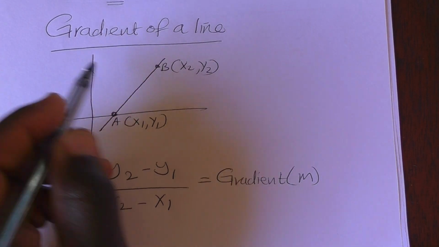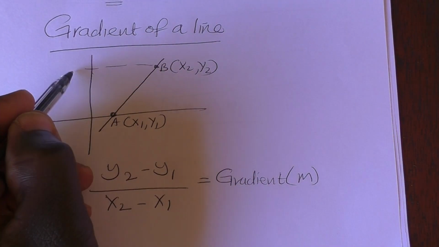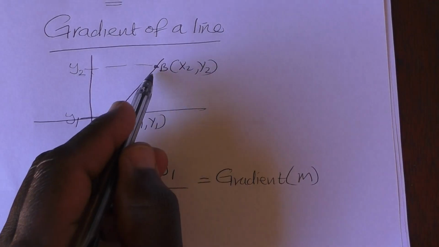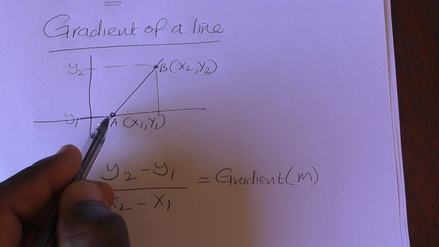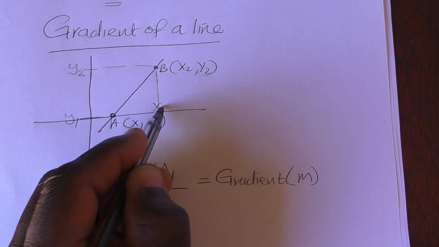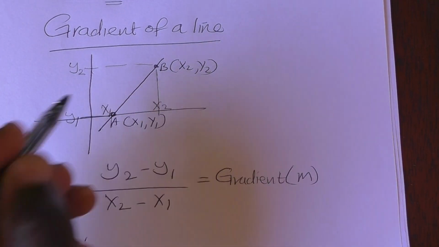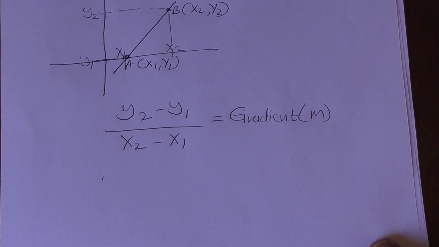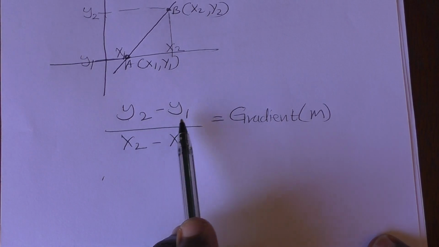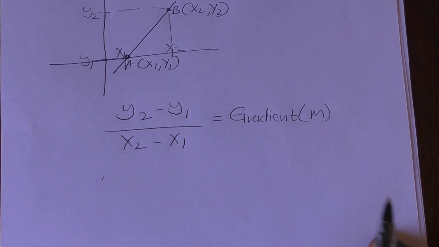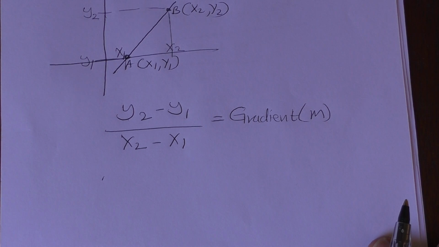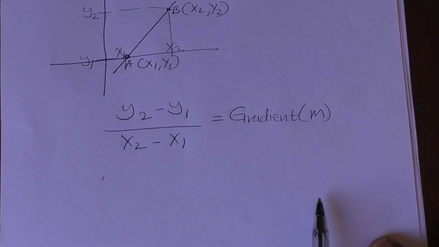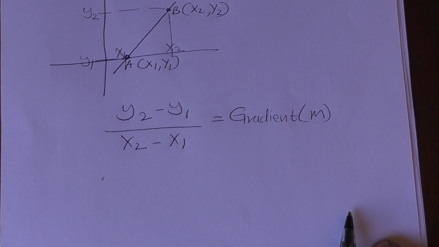The vertical displacement is given by y2 minus y1, and the horizontal displacement is given by x2 minus x1. Hence, the gradient of that line is given by y2 minus y1, which is the vertical displacement, over x2 minus x1, which is the horizontal displacement.